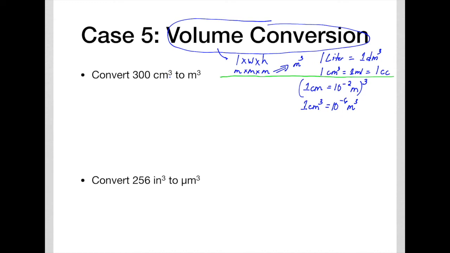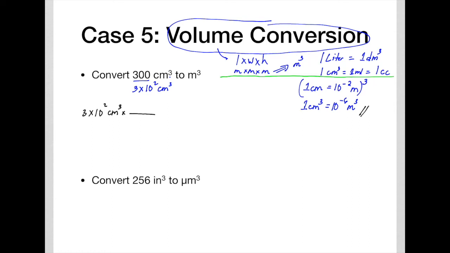Next, we have here this meter cube, then you're fine with that. So therefore, we could now write this in scientific notation: 3 times 10 raised to 2 centimeter cube. So, we could now solve this. We have 3 times 10 raised to 2 centimeter cube times our conversion factor.